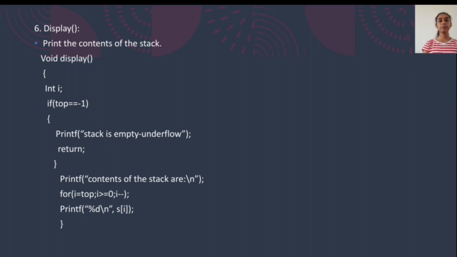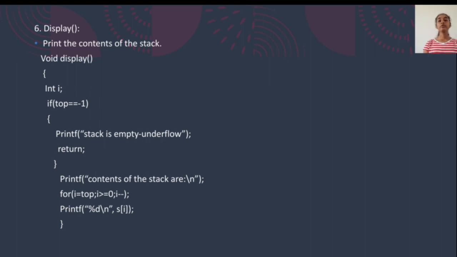If true, it prints stack is empty underflow and returns from the function, indicating that there are no elements to display. Inside the conditional block, that is printf contents of the stack are, if the stack is not empty, it prints a header indicating that it will display the stack's contents.